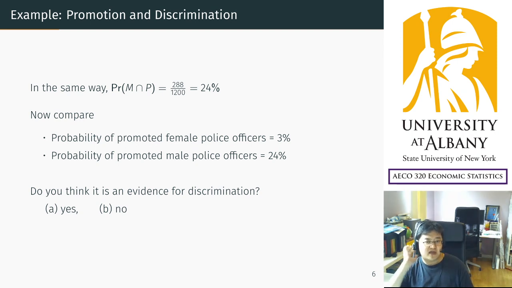Can you argue that the probability is too high for male than for female? Think about this, and whether you think yes or no, think about why. Why does this comparison show discrimination, or why not? I will stop the video here, and I'm going to start another video by answering this question.